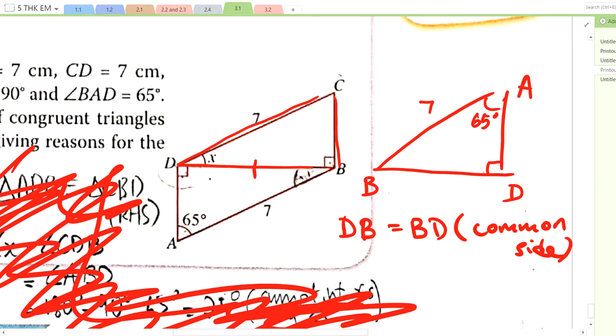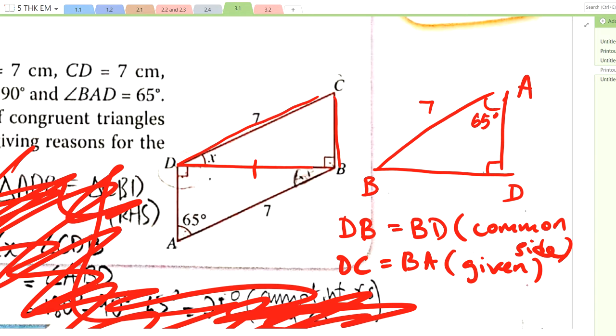Okay, is there any way to prove that BC equals to DA? No, not enough information. Okay, so I've got one common side already, and I've also got DC equals to BA. This is given. And at the back of our minds, this is a special side. What is this side called? Starts with H. Hypotenuse.